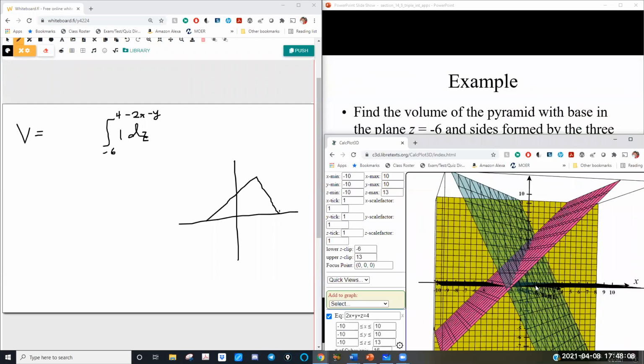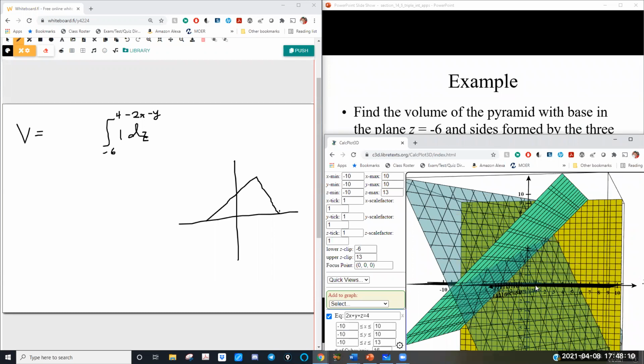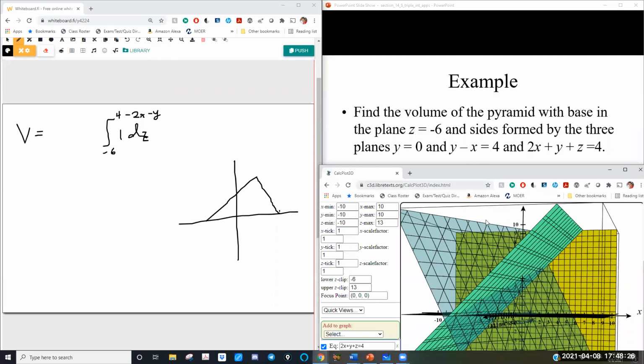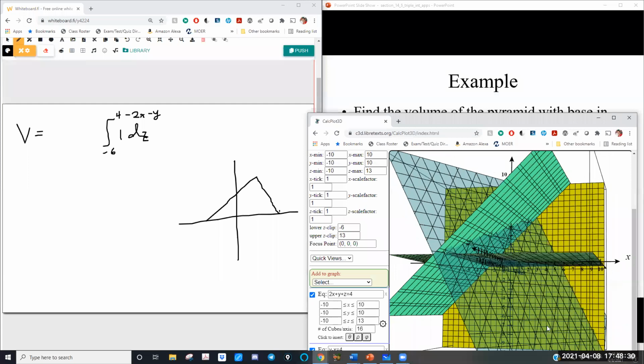So we need to figure out what this looks like. And we know that this line is the plane y minus x equals 4. Excuse me.